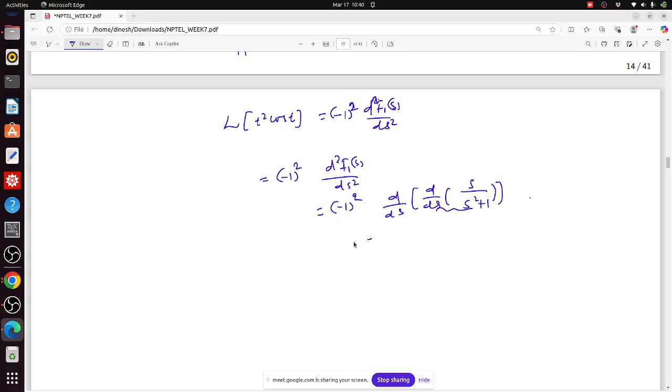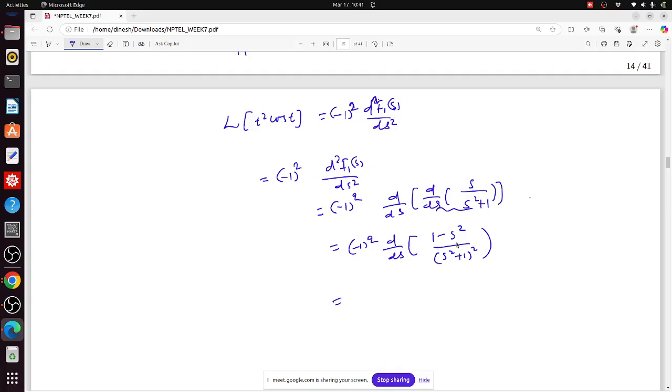Upon the first differentiation, we get (1 - s²)/(s²+1)². Here (-1)² is plus 1.